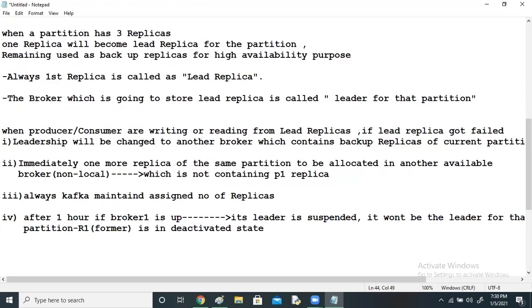Once it is down, we need to perform cleanup activities, cleanup operations to remove deactivated replicas. Understood, everyone? If it is up again, it won't be the leader again.